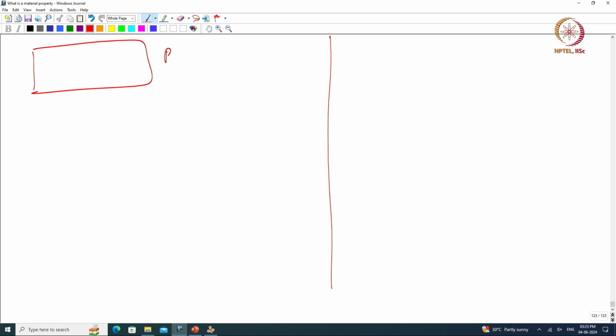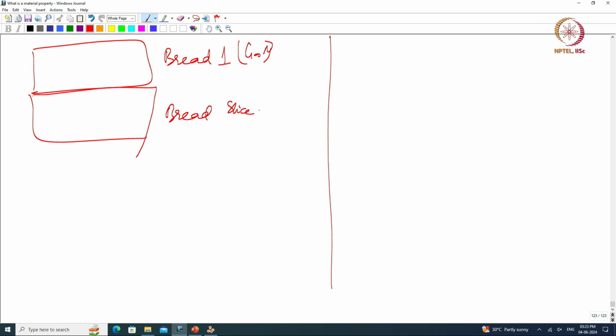So, this is bread 1, which is gallium nitride, this is bread slice 2, which is aluminum gallium nitride. I just put them together, I make a very nice interface. If I make a very nice interface, the only way this interface can stabilize is if I create the sandwich, right. The sandwich, the jam or the cheese, comes by itself, right. So, this is automatically created.